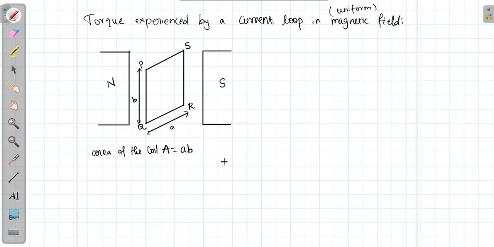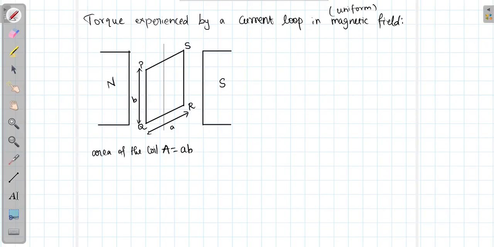This is the axis of rotation, passing through the center, and it is fixed.